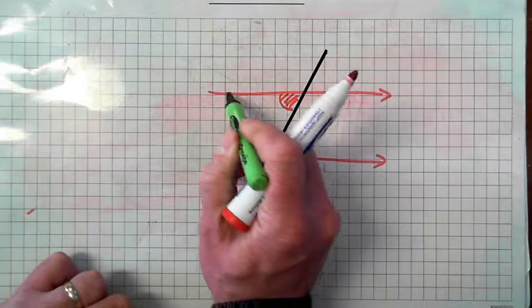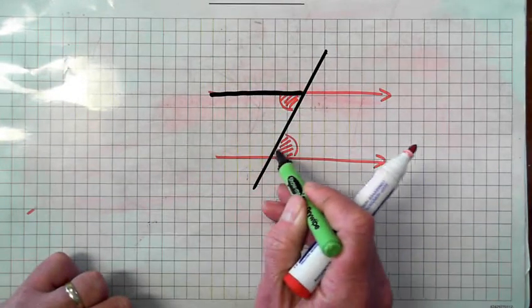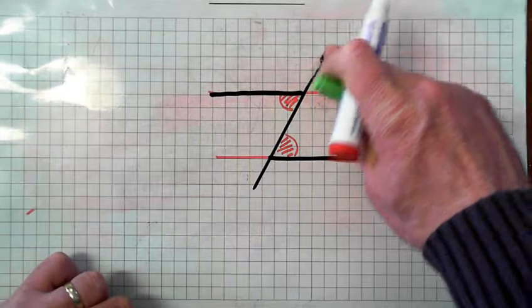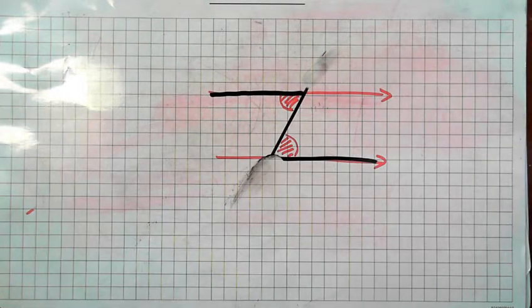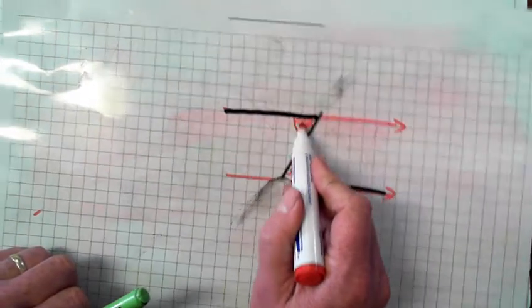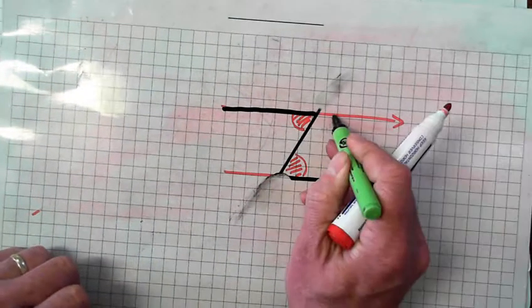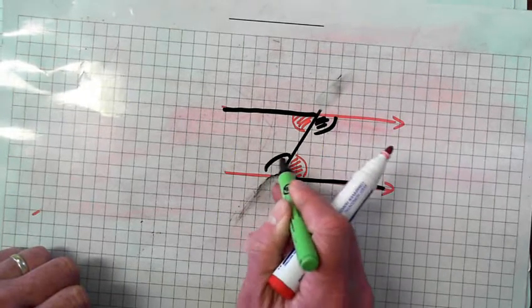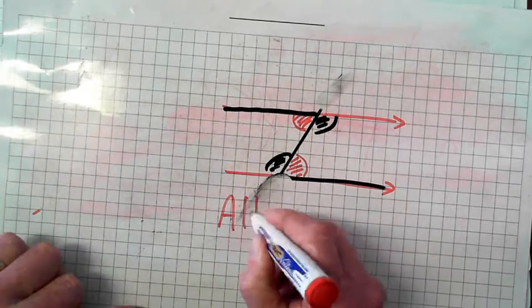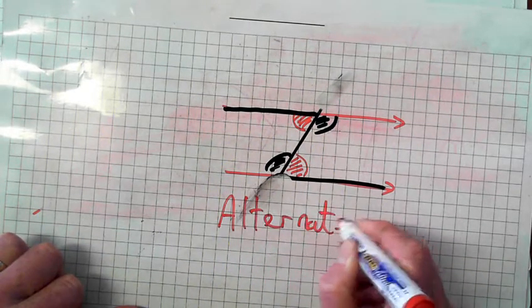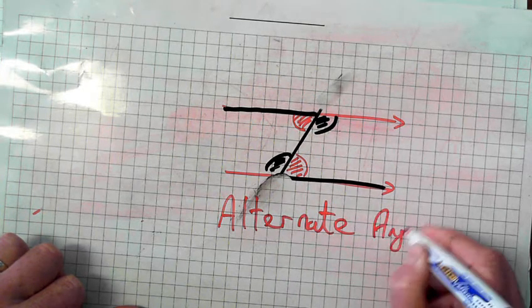So this is my Z shape. Okay, so that's one way of looking at it. And the other case is, I can put my Z like this. So this angle is the same as that angle there. So what are they called? They're called alternate. Alternate angles are equal.